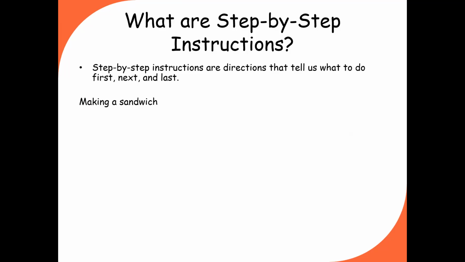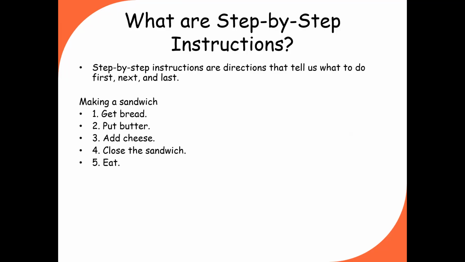We will take making a sandwich as an example. To make a sandwich, the first step is get a bread, and then next, put butter. Next, add cheese. Next, close the sandwich. Eat the sandwich. So these are the steps to make a sandwich. The order is very important. Imagine if we eat the bread first, can we make the sandwich?